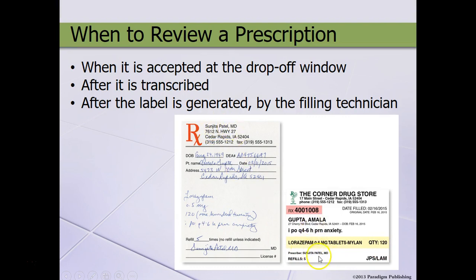Sanjuta Patel, yes, that matches. 5 refills, 5 refills. And that is the legal maximum for a benzodiazepine, which is what lorazepam is. It's a C4 drug. So a C4, you get 5 refills for 6 months. And then the technician's initials and the pharmacist's initials will generate on the label as well.